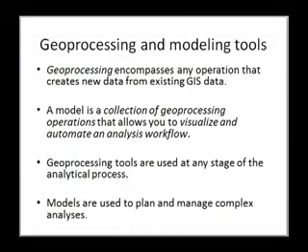So, what is geoprocessing? Geoprocessing encompasses any operation that creates new data from existing GIS data. So that's an important thing to remember when you think about geoprocessing. If it's creating an output data set, it's a geoprocessing operation. In computers, we do a lot of processing of data and information.